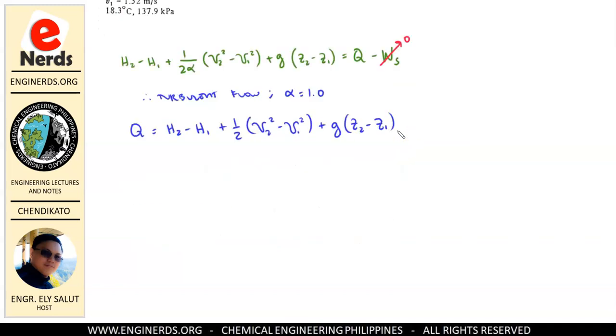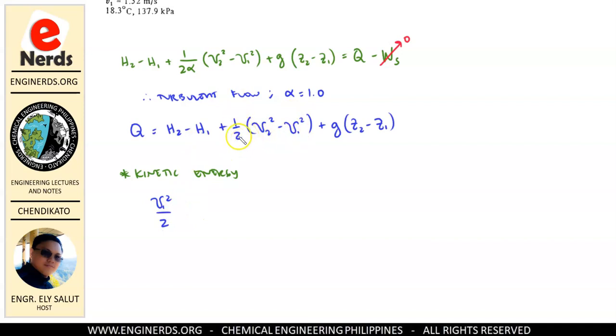Now let us solve this one by one, no? First, let us solve for the kinetic energy, no? Okay, so let us solve our kinetic energy. So unahin natin itong ating velocity 1, okay? So we have velocity 1 squared over 2, para later on, isusubtract na lang natin.